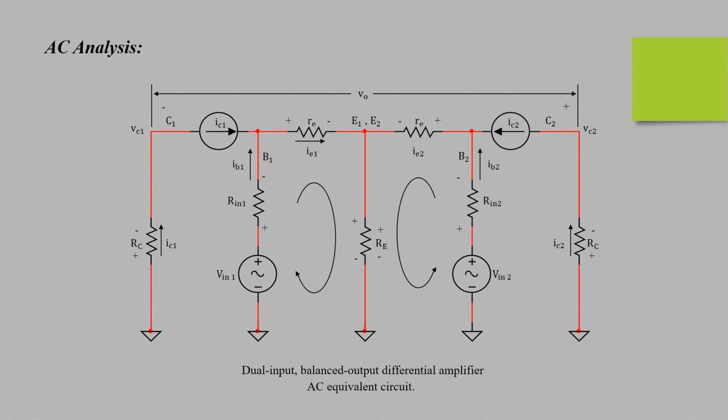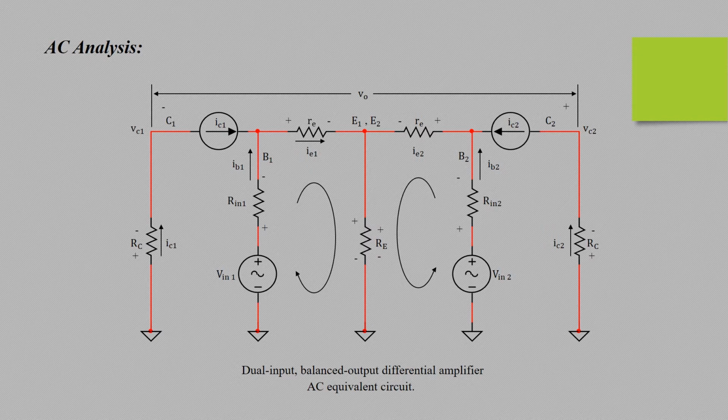To perform the AC analysis to derive the expression of voltage gain and the input resistance of the differential amplifier, we have to set the voltages plus VCC and minus VEE to 0, and then we substitute the small signal T equivalent models of the transistor.